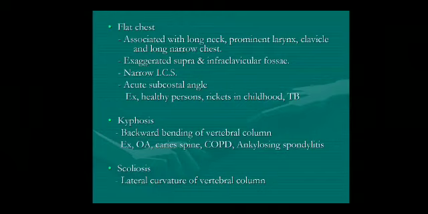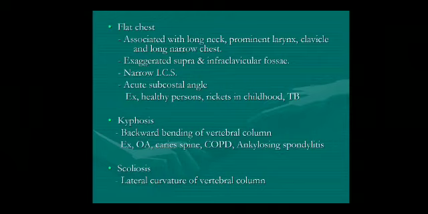This may be seen in rickets, and it may be seen in tuberculosis. One of the causes for flat chest is chronic nasal obstruction from hypertrophied adenoid. So these are all the causes for these deformities of the shape of the chest.